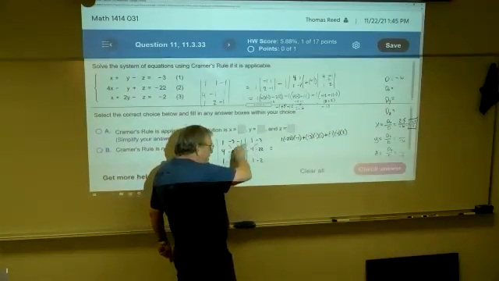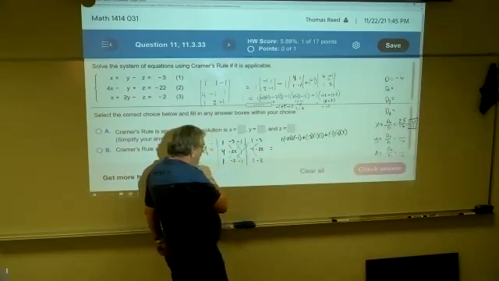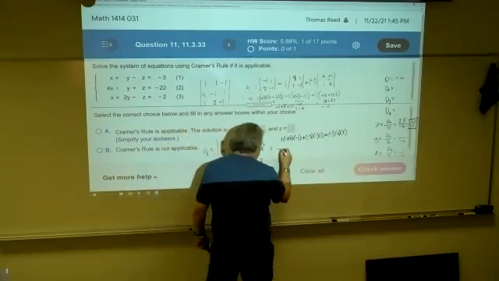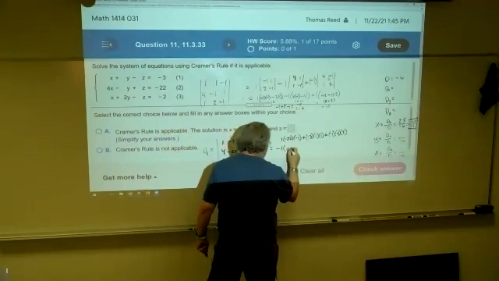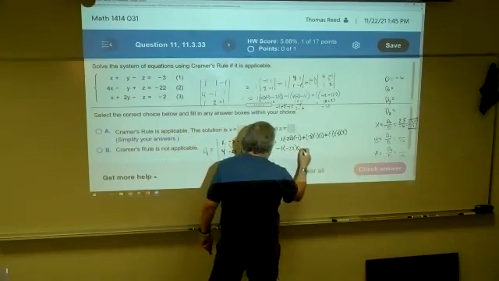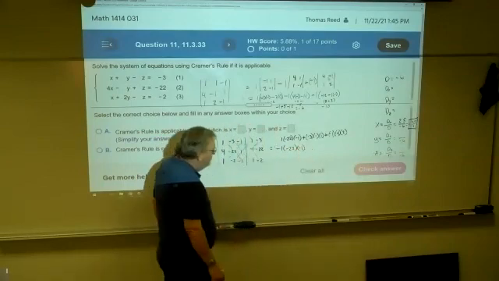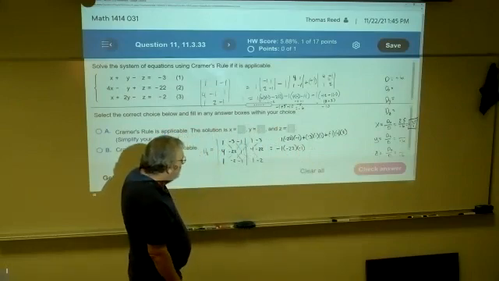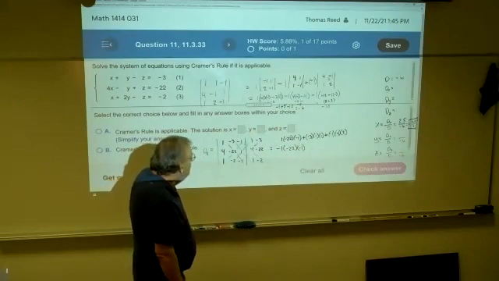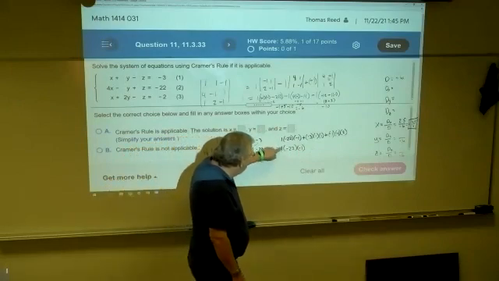Now we're going to subtract the products of the diagonals going in the opposite direction. So minus 1 times negative 22 times negative 1. So these are going to be opposites.